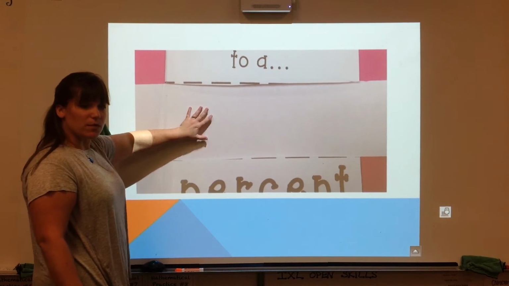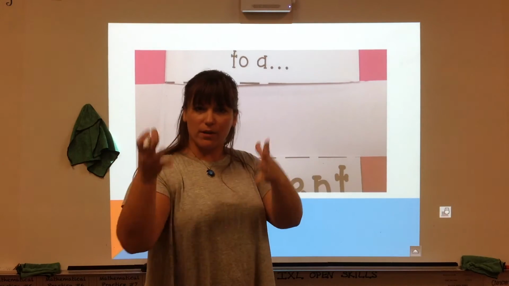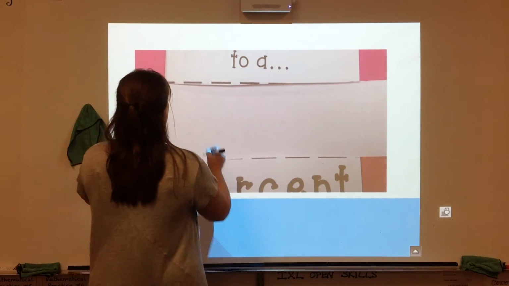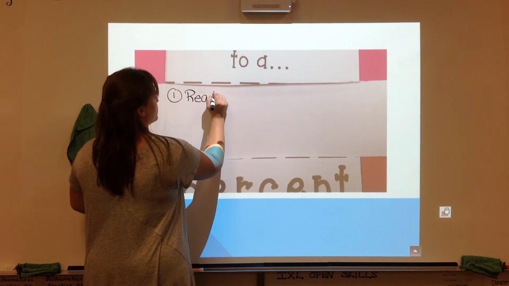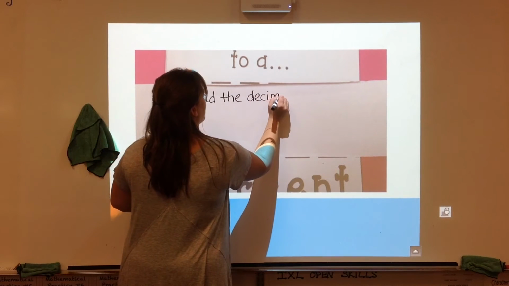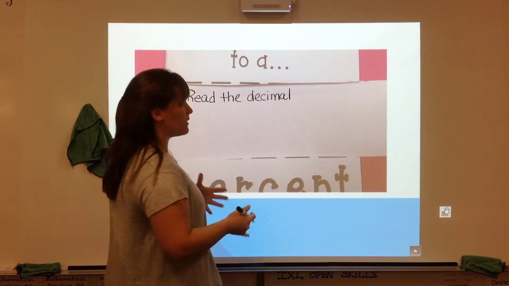So I've zoomed into the middle. The trick for going the other way, when you're given a decimal and you need to find the fraction, is to actually read the decimal as a math number.